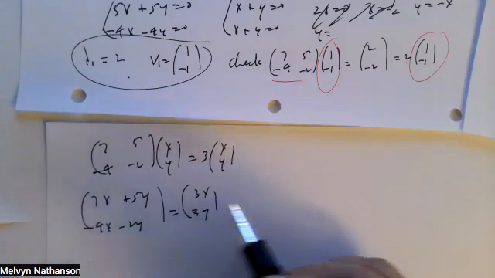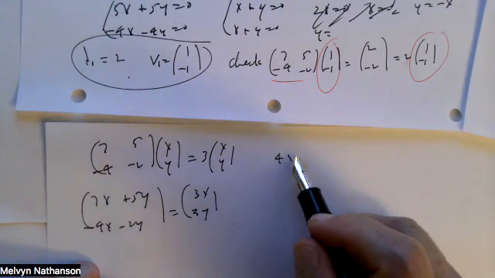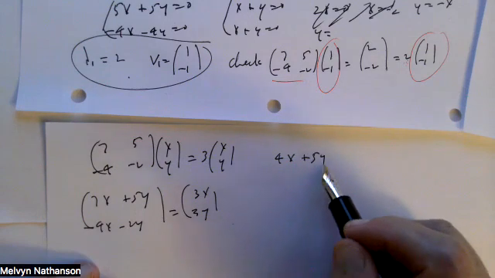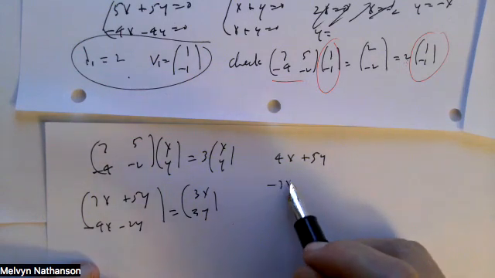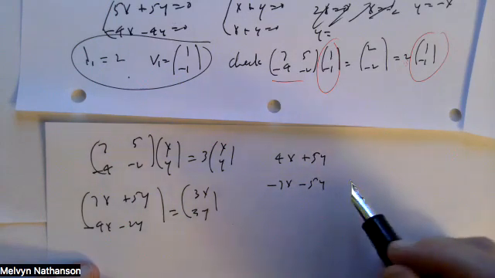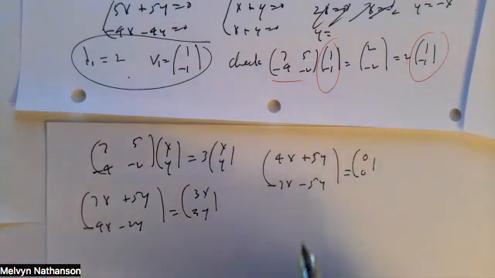If I subtract one from the other, I get 4x plus 5y minus 7x minus 5y should equal 0, 0.